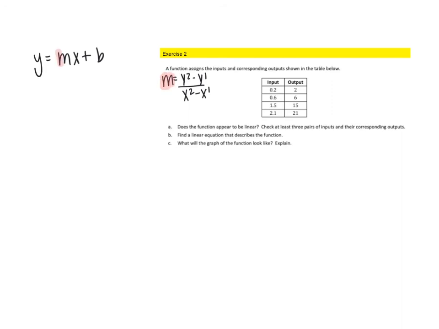So find your m, plug it in, choose 2 points in your table, plug them in, and solve for your b. And then I want you to tell me if this is a linear equation. So I want you to try to check at least 3 points. Make sure you have that equation written out. And then tell me, what do you think this graph is going to look like? So take about 5 minutes to work on this, and then we'll go over it.